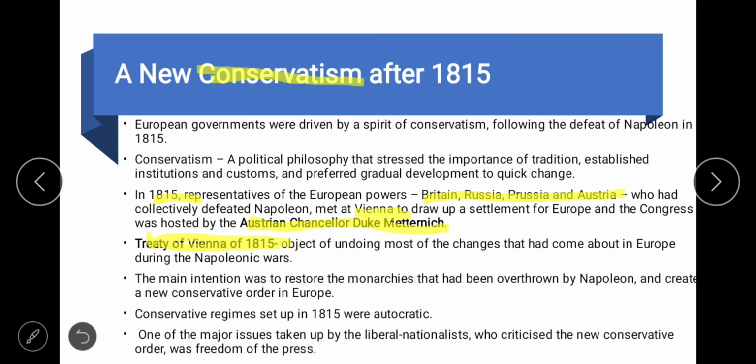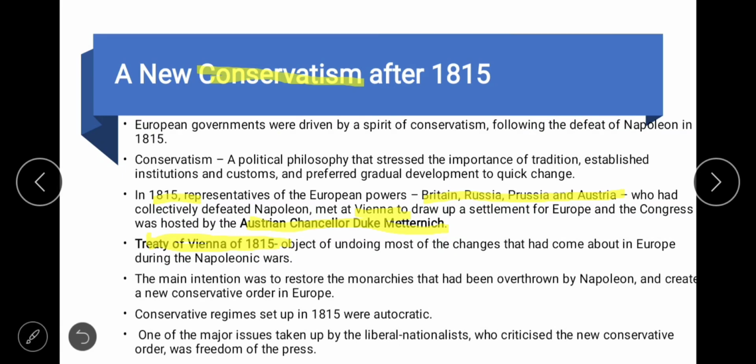They never tolerated criticism and dissent. So what did they do? They started to curb activities that questioned the legitimacy of autocratic governments. So censorship laws were imposed to control the press, as well as the books, plays, and songs that reflected the idea of liberty and freedom associated with the French Revolution.